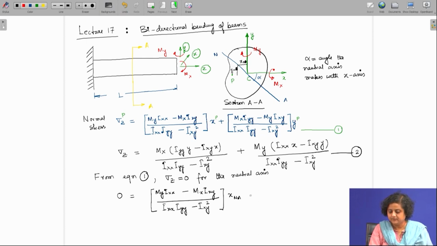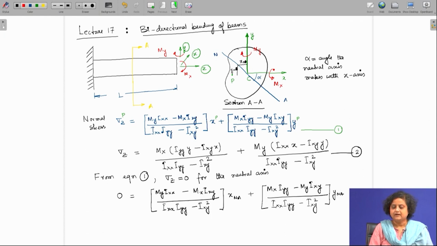So, x of neutral axis, plus Mx Iyy minus My Ixy, into y of neutral axis. Now, this has to be equated to 0.